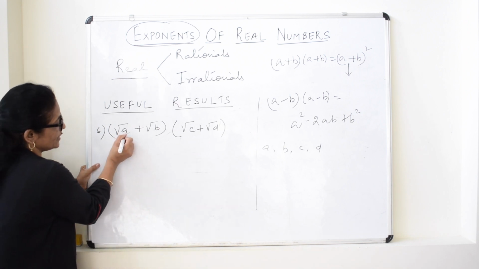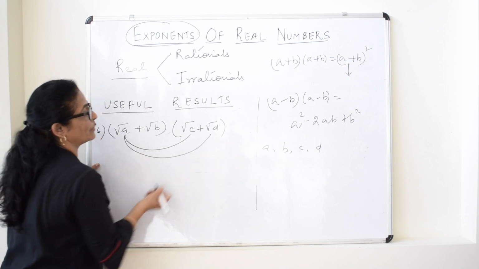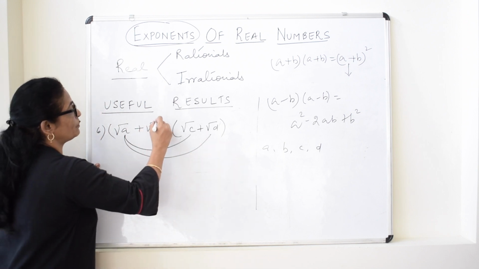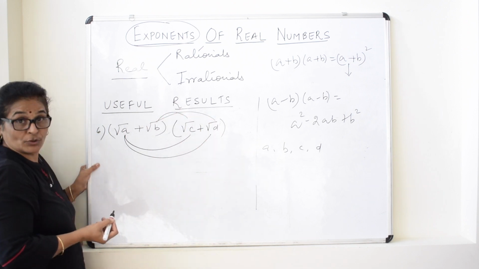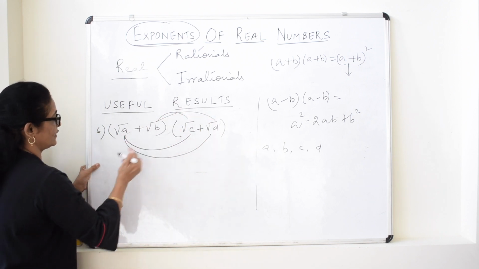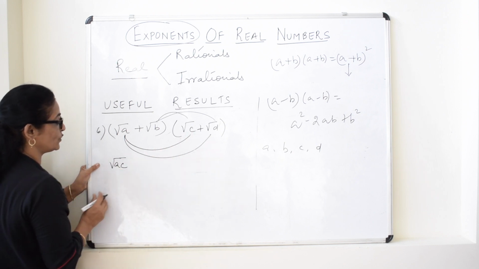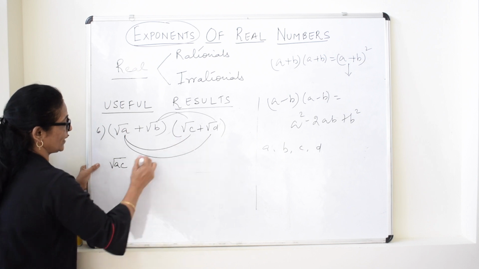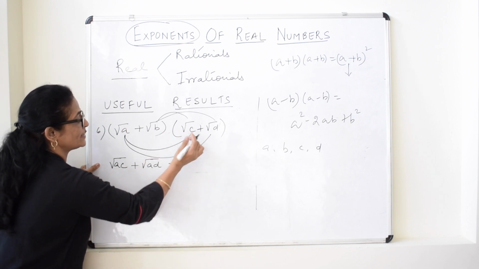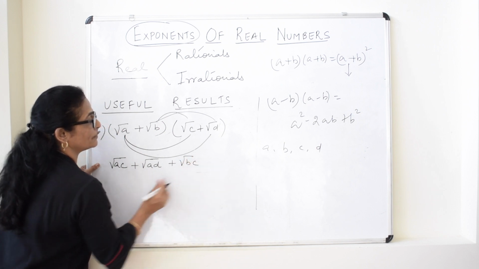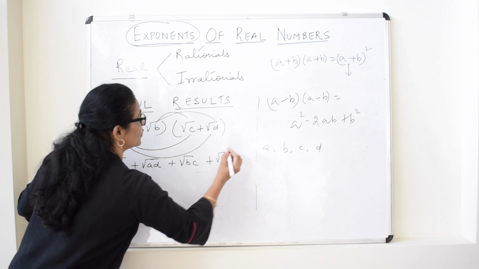It means root A will be multiplied by root C, root A will be multiplied by root D, root B will be multiplied by root C and root B will be multiplied by root D. So first we will take root A multiplied by root C. Directly we can write root AC. This and this will give root AD, plus this B and C will give us root BC, and the last will give us root B into root D.